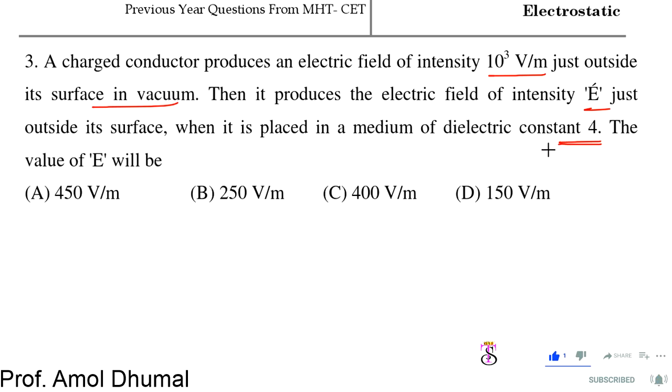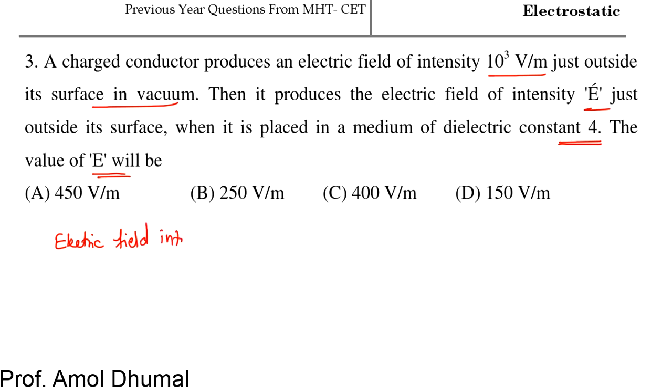The dielectric constant is given as 4. What will be the value of E? So here we have to find the value of E when it is placed in a medium of dielectric constant 4.